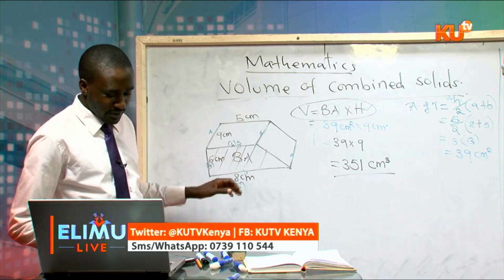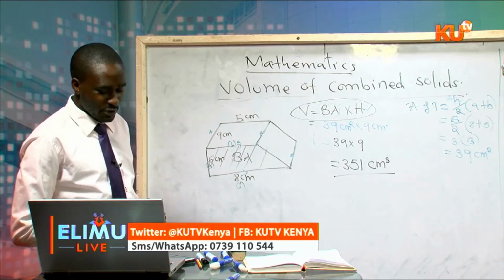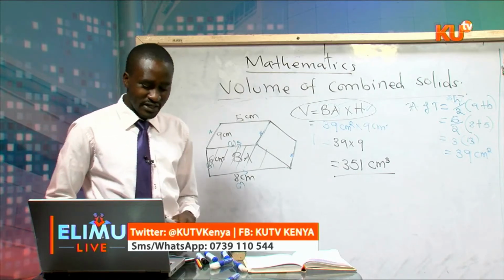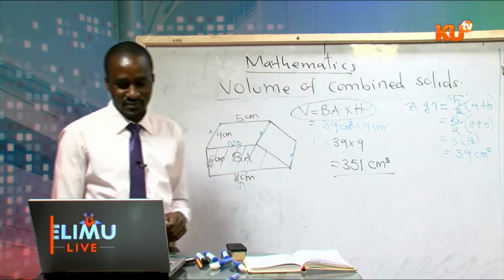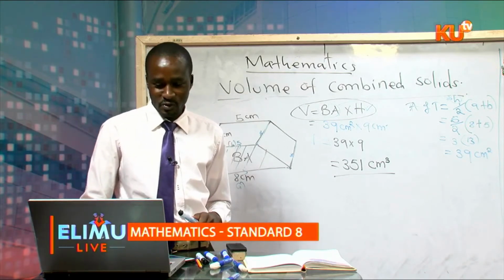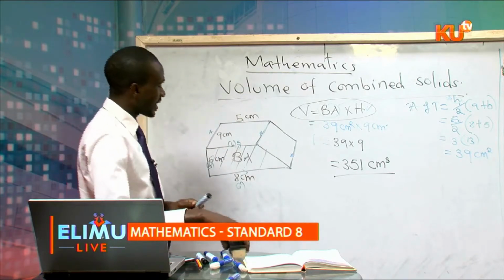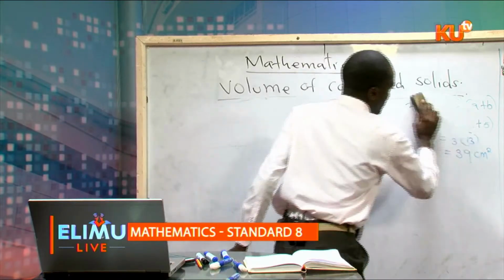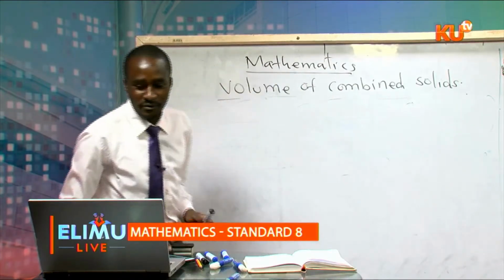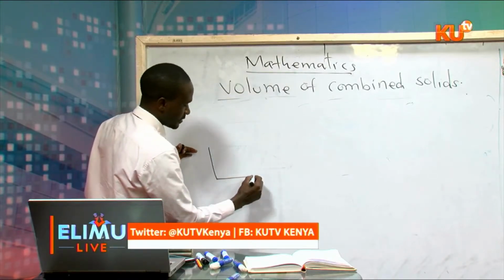Excuse me, teacher, on the bread-like figure, why did we use 30 as the height when the height was 14? Let's go back to bread-like. I'll quickly take you through it so that we see where the confusion might be.